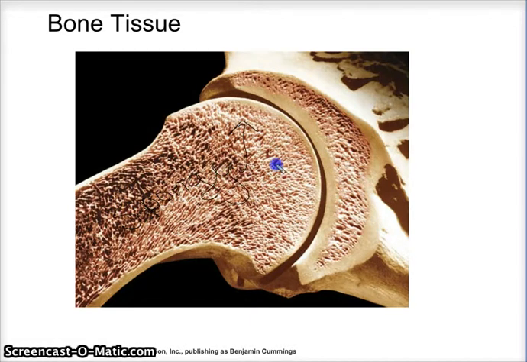So you can see all of this is spongy bone. I can see lots of empty spaces. I can see those little needle-like processes. And this area here, you can see how homogeneous looking this is. That's my compact bone. So see how smooth and everything. Typically when we think of bones, usually we think in terms of compact bone because that's the tissue we look at. That's what most bone tissue looks like.